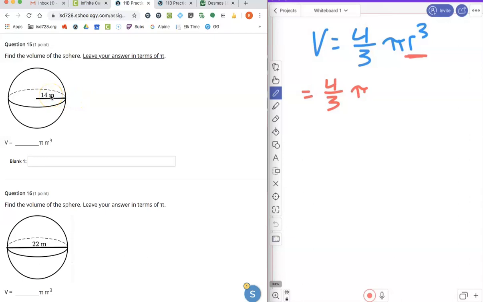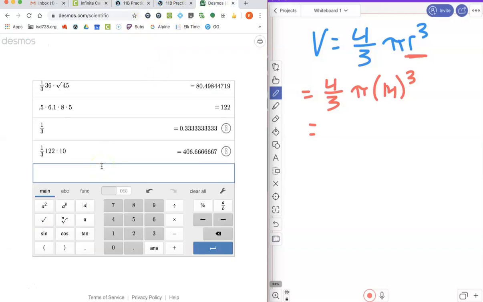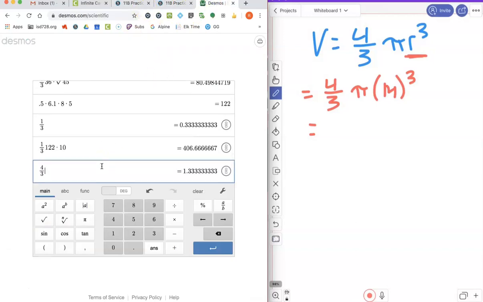14 is the radius for this one. So we're going to go through 4/3 pi, putting 14 into the formula and cubing that. These are usually just calculator work. They do want us to leave it in terms of pi again, so we're not going to put the pi in the calculator. So we have 4/3, and then I'm just going to do the 14 to the third power.